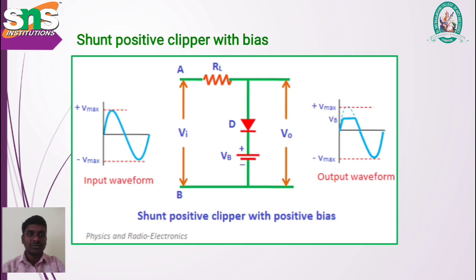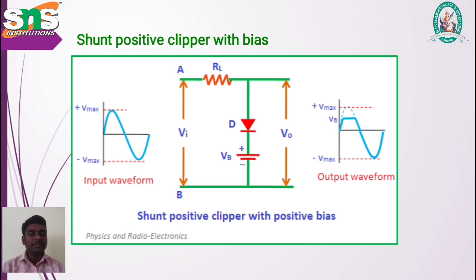Now, shunt positive clippers with bias. In the same circuit with biasing, you connect the positive terminal to the negative of the diode, and the negative to the input signal.